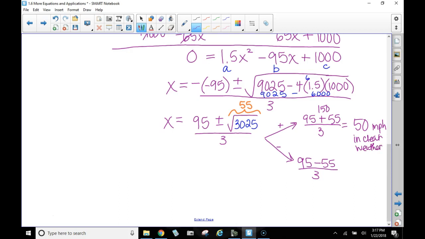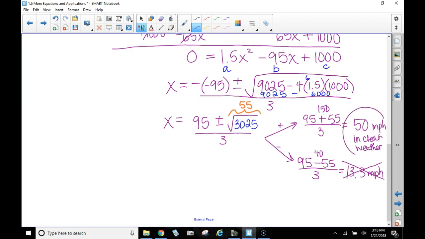Okay? And then on this one, 95 minus 55 is 40. 40 divided by 3 ends up to be 13.3. If that is her speed in the clear weather, when she slowed down 20 miles per hour when the thunderstorm came up, she would be going negative, like 6.7 or whatever that is, miles per hour. So this one won't work. It won't check.